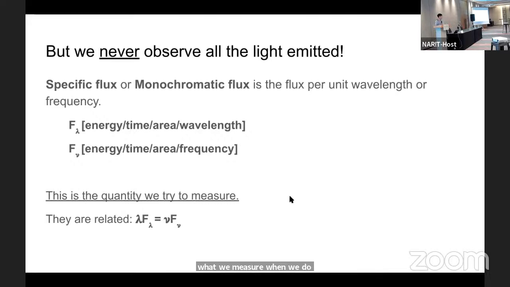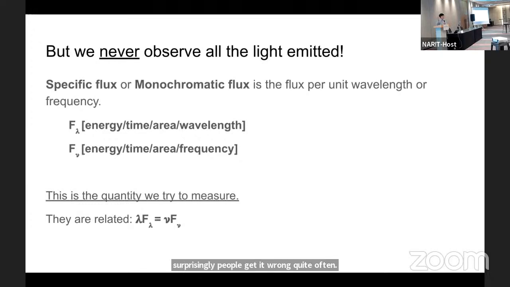There are two versions, as I mentioned. You can divide it by wavelength bin or divide it by frequency bin. These two quantities are often referred to as F lambda or F nu. They're not the same and they're very different. Surprisingly, people get it wrong quite often.